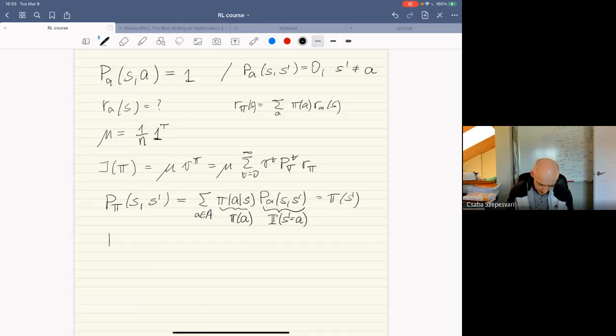If I want to write this in matrix form, I would write it as 1 pi transpose, right? So pi is just the column vector. And of course, if you take any positive power of this transition probability matrix, what do you get? What's the next state distribution after 10 steps with this policy? Or 100?